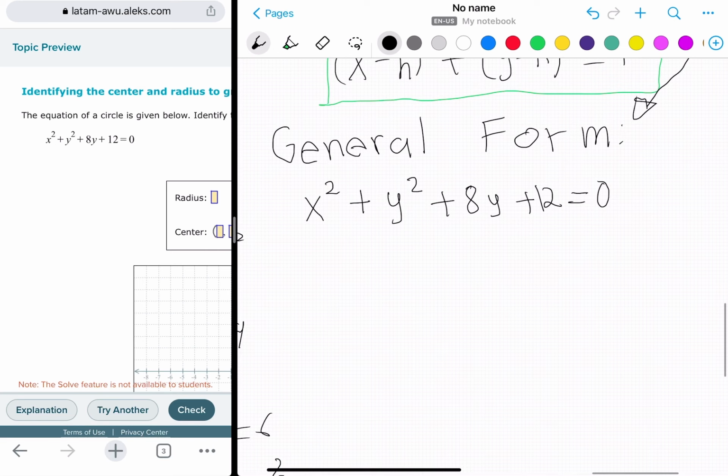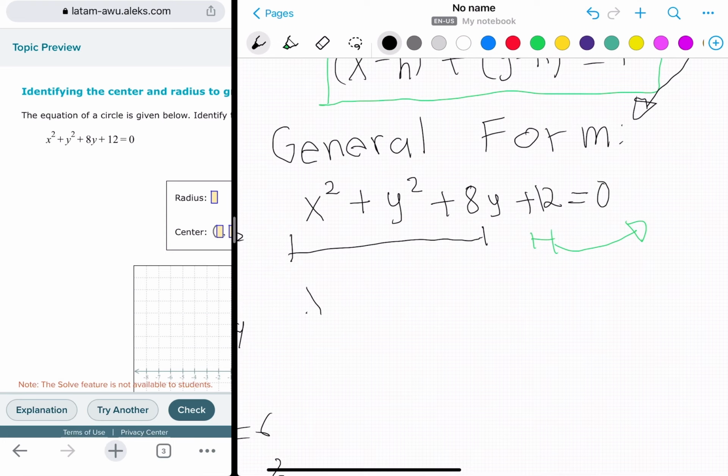Well, first of all, we need to have on the left side everything that is not a constant. So this number here, 12, that is a constant. We don't want it on the left side, so I'm going to move it to the right side. So that I can move it, I have to take it to the other side as a negative number.